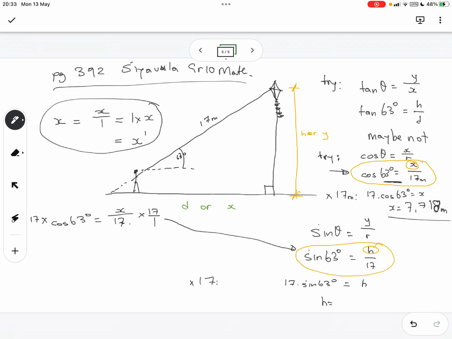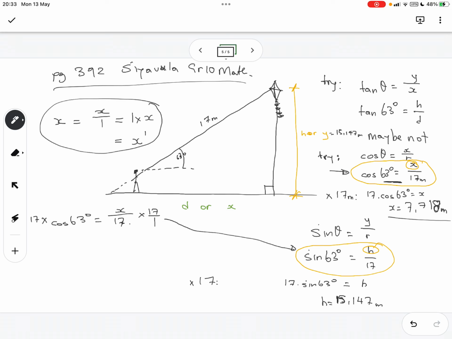And the height will be 17 times sine 63, that's 15.147 meters. Okay, so 15.147 meters is this height here.